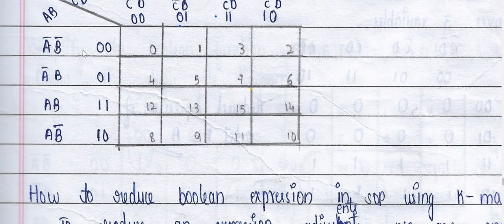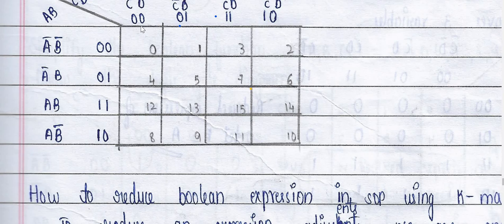So 0 0 is A bar, B bar. 0 1 is A bar, B. Then 1 1 is AB. 1 0 is A B bar.